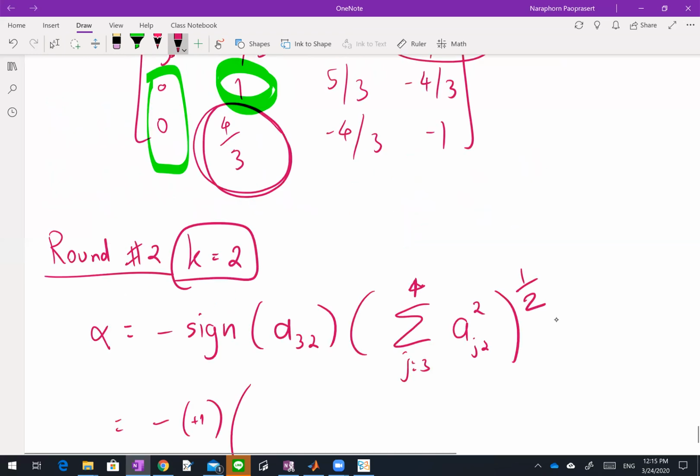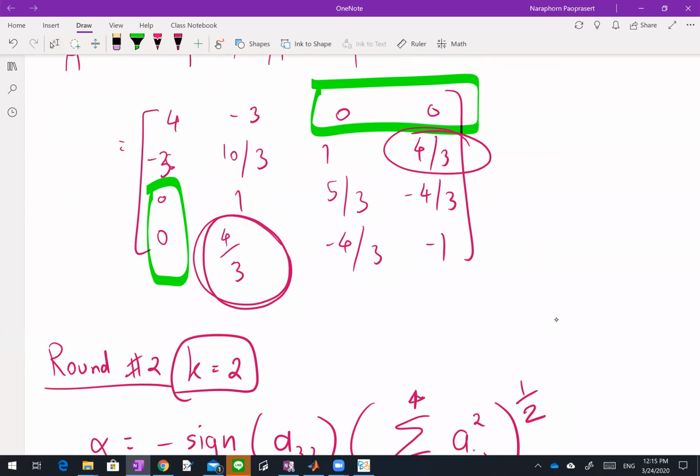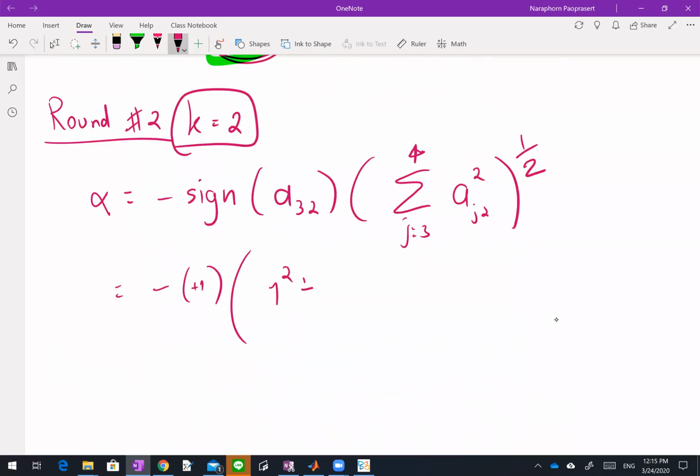And the summation starting from row j. So this summation is going to sum over these two numbers square. So it's going to be 1 square plus 4 third square, everything to the 1/2, and I get minus 5 divided by 3.